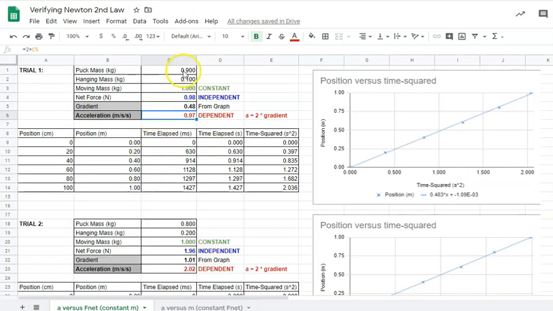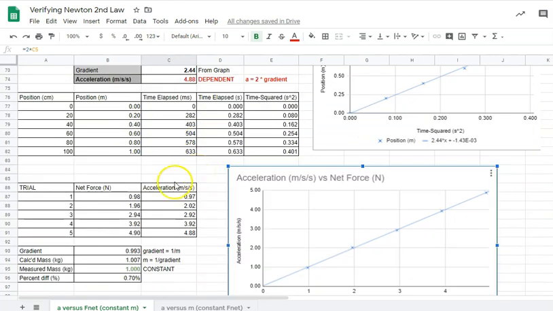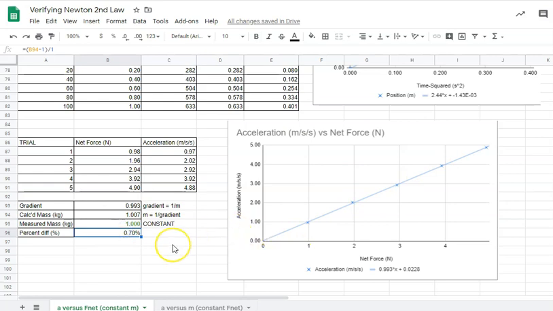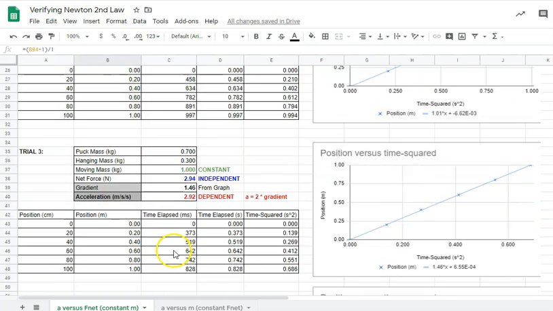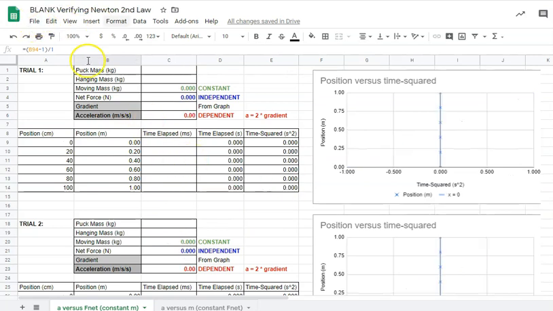So we want a constant mass, and that gets measured, so that's the total moving mass of the cart plus the hanging mass. So we can compare the gradient, and if it's close, we know we've got an accurate result. Anyway, I'll go through and demonstrate how to complete the blank one, and then you can do your analysis.